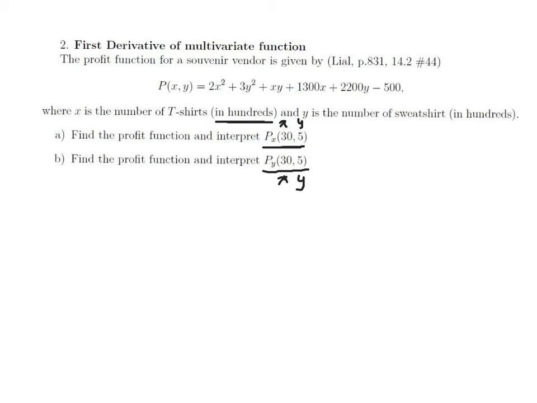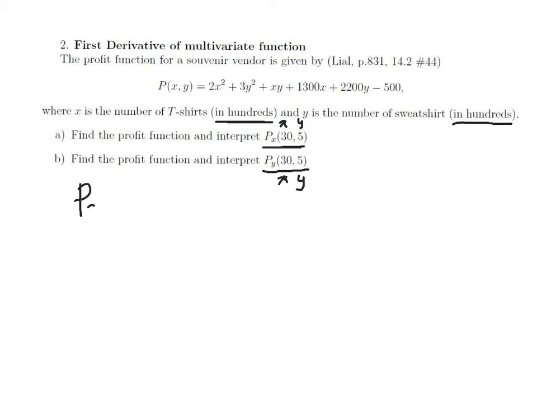In B, we're taking the derivative with respect to y, so that means we're changing y, again, in hundreds. In this case by 5 times 100, so 500, but we're going to keep x constant. And we're going to look at how the profit changes. Okay? So the first thing is, let's find the two partial derivatives.